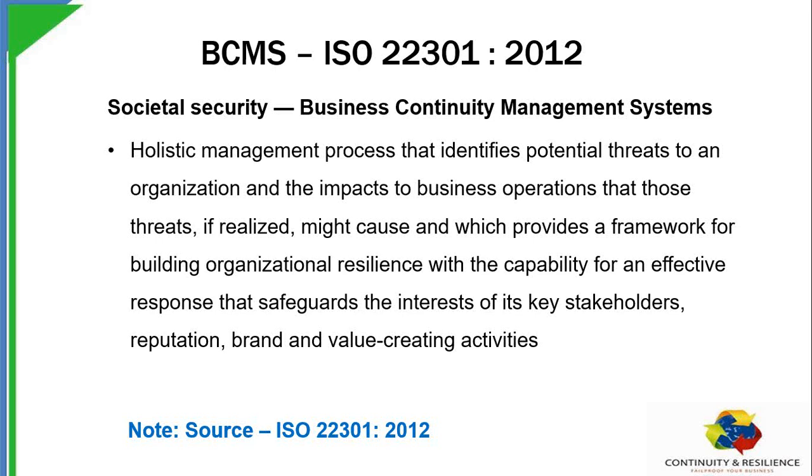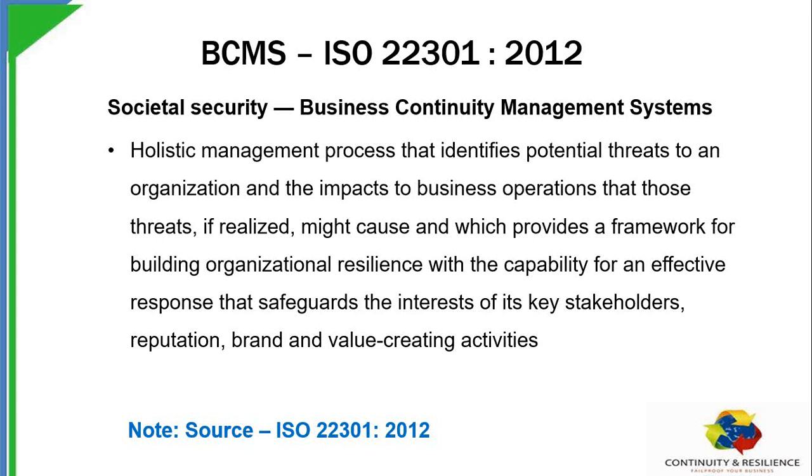If you look at this definition carefully, what it says is it provides a framework for building organizational resilience. So what it means is that organizational resilience cannot be achieved without having resilience in technology. So what is it talking about?